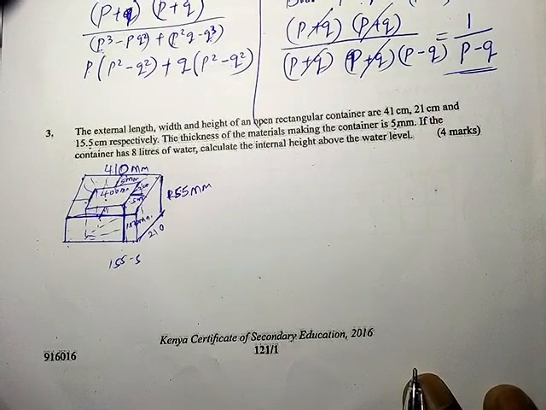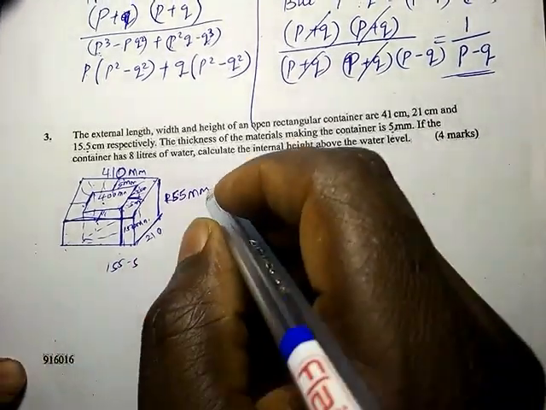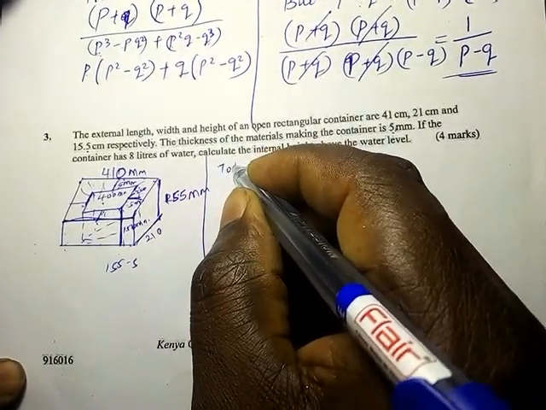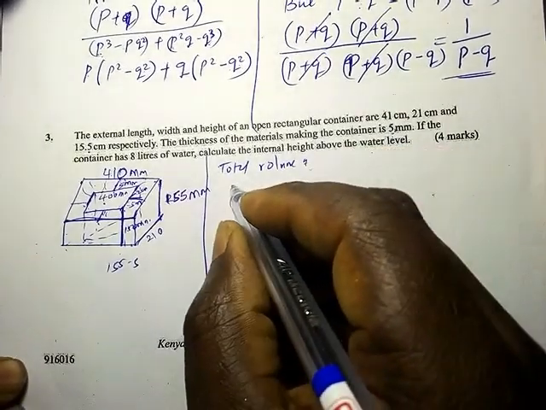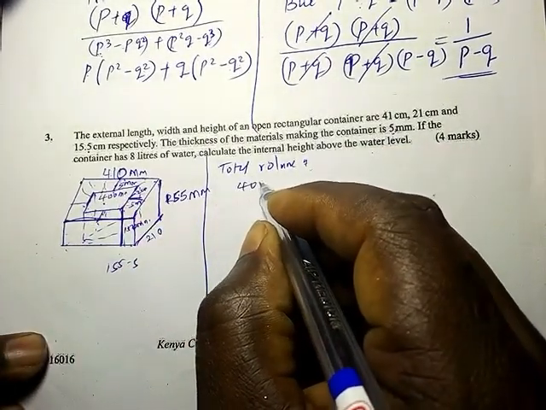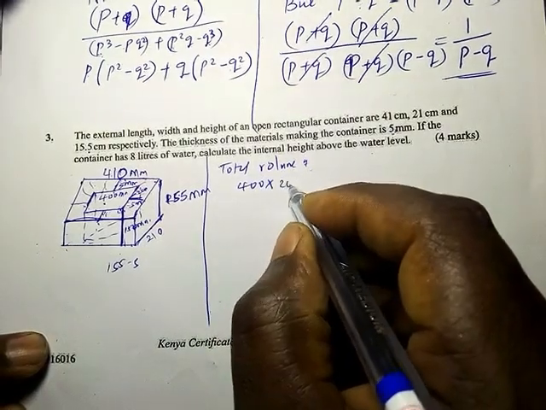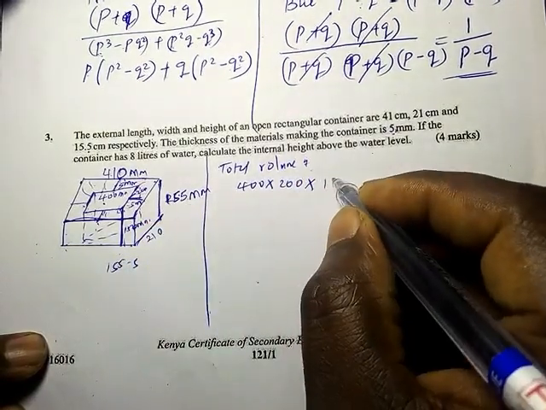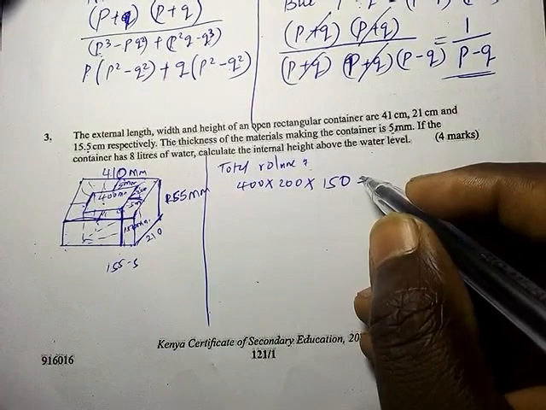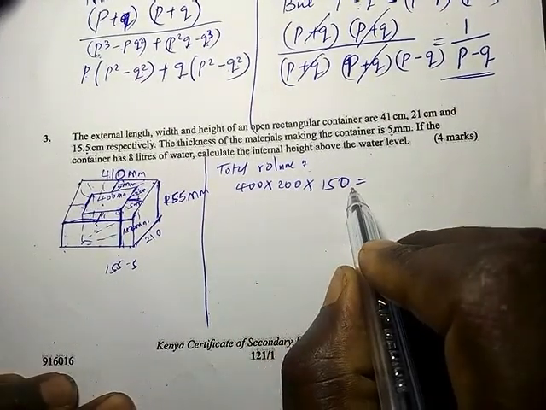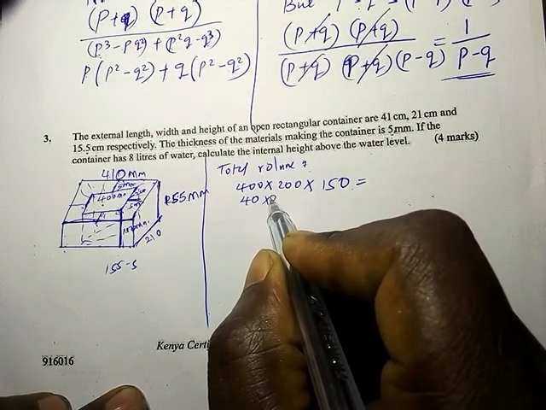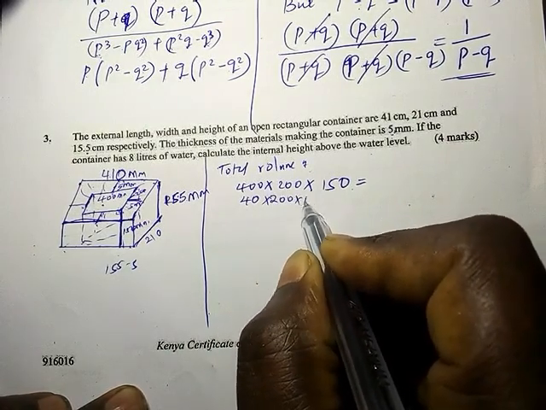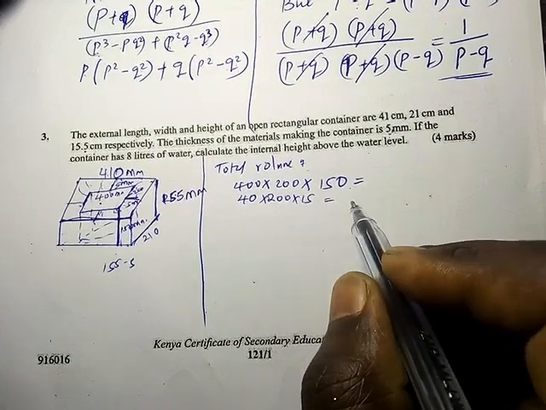I hope you are following. So the total volume of the container will be 400 times 200 times the height, which is 150. But this one is in millimeters, so we can convert it to 40 times 20 times 15, and it is going to give us volume in centimeters cube.